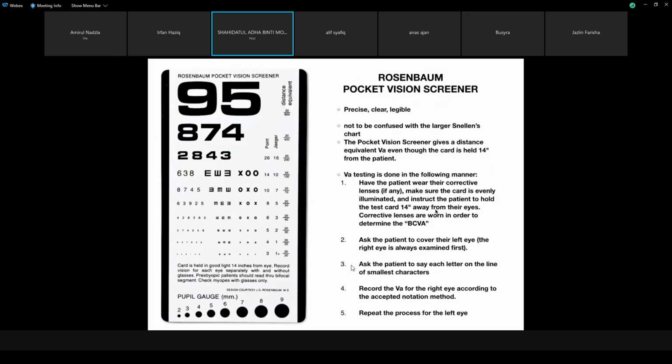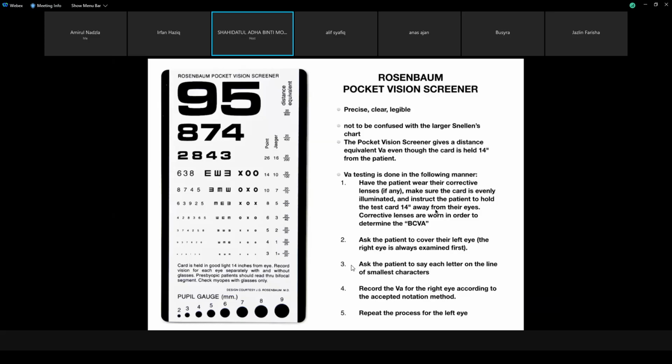And then we also have this one, the Rosenbaum Pocket Vision Screener. I think most students sometimes have this one. This is very good, in which it is precise, clear and legible. But don't confuse this one with the larger Snellen chart. The Snellen chart you test at 6 meters.